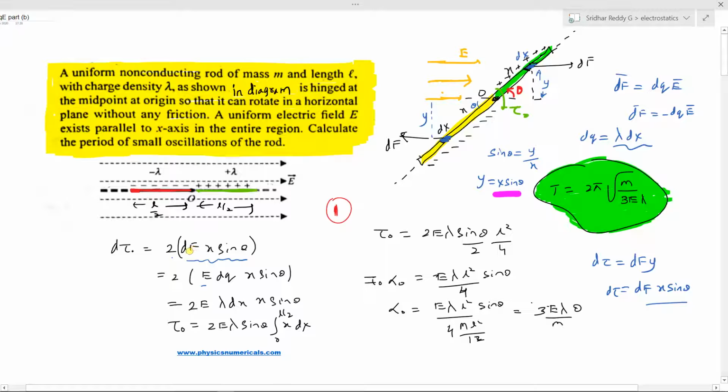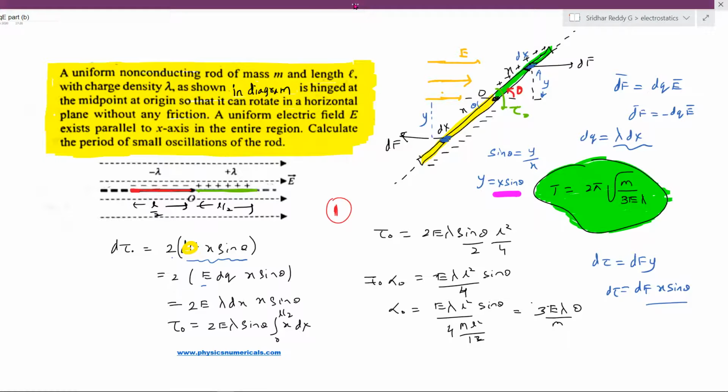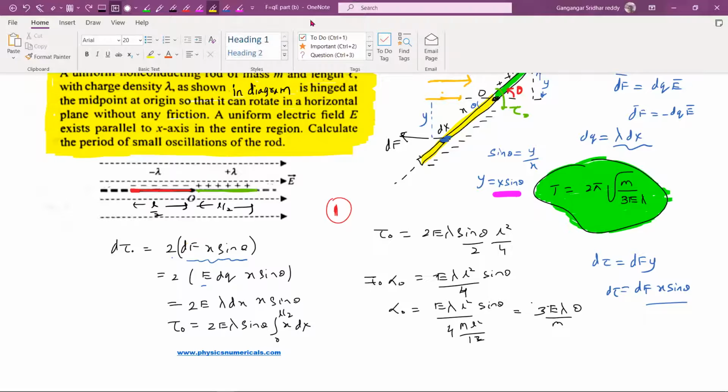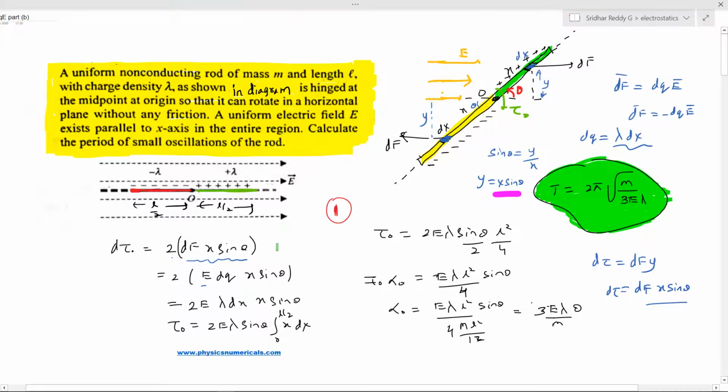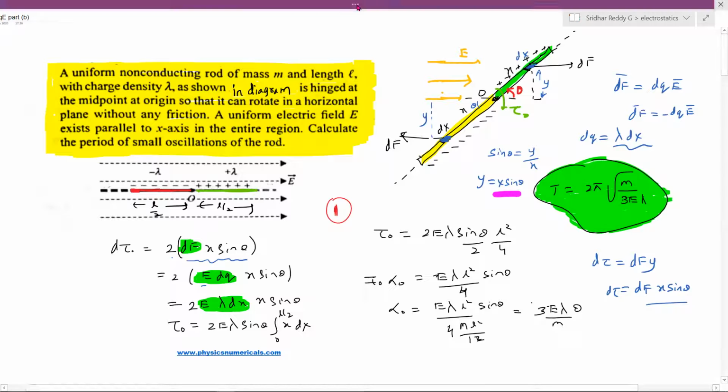So what is dF? dF will become e dq. What is further e dq? e dq should be equal to e lambda dx. Now, try to follow the sequence here.